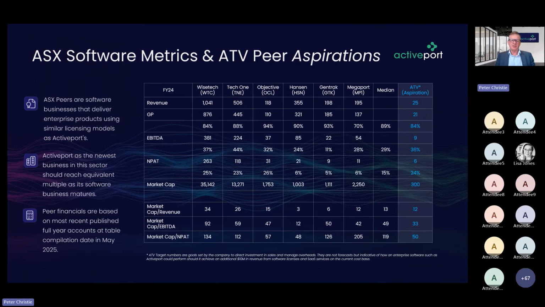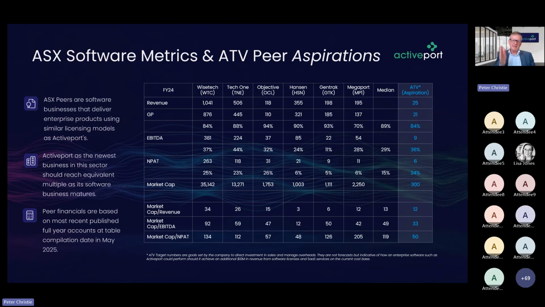And the nature of our business is like other enterprise software operators on the ASX, where we have every opportunity to deliver very high gross profit, so above 85%, heading up into the 90s as we grow. We have the ability to deliver a significant EBITDA number on the back of that, above 30%. We have the ability to then generate significant net profit after tax and free cash flow.